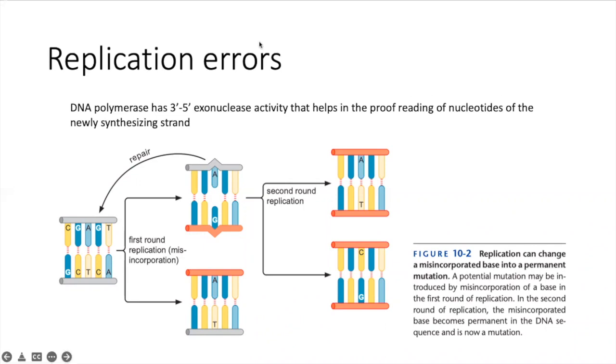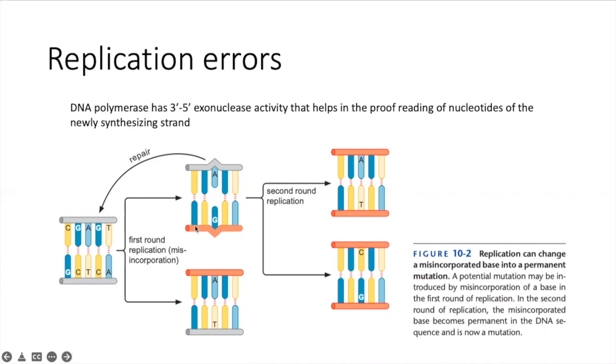Discussing further on replication errors. If this is the parent strand, each of the strands is used to make the daughter strands. So here, instead of T that has to be paired with A, the G has been inserted.